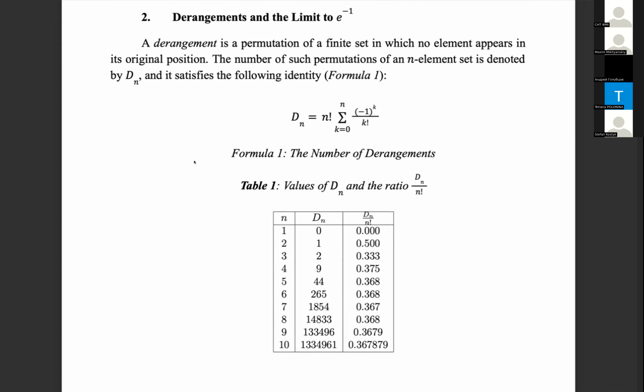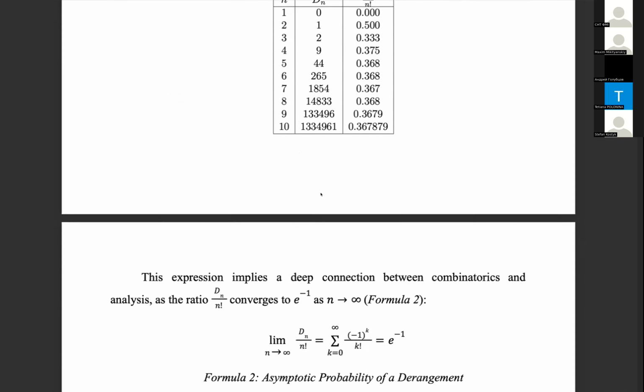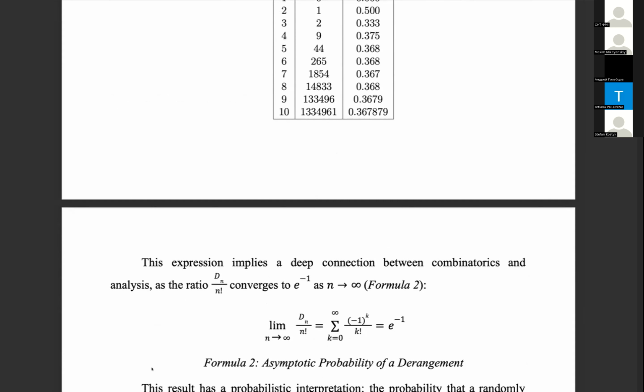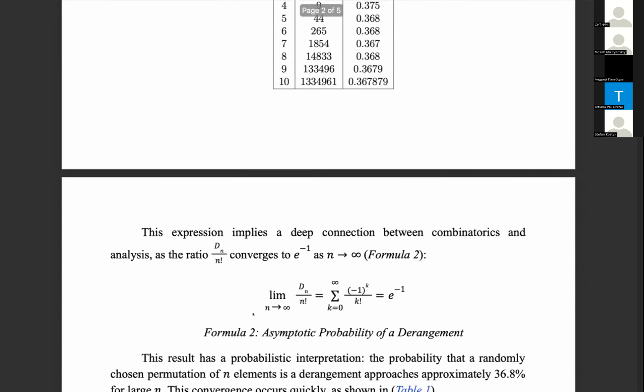This expression may remind you of the Taylor series expansion of the exponential function, and rightly so. In fact, as n converges to infinity, the ratio dn divided by n factorial is approximately e to the power of -1.